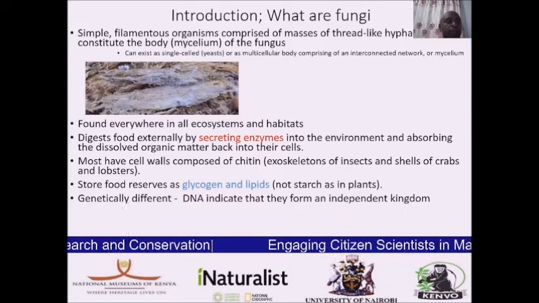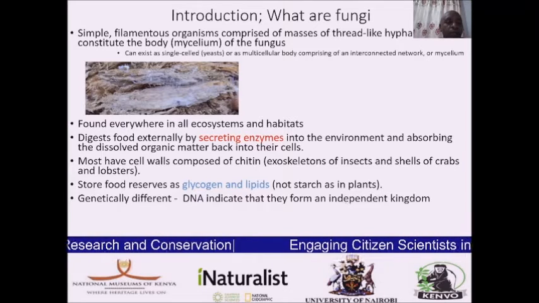And they have some important characteristics. They digest food externally by excreting enzymes into the environment and absorbing the dissolved organic matter back into their cells. So they basically live in their food. Most have cell walls composed of chitin, a substance which is found in the exoskeletons of insects and shells of crabs and lobsters.